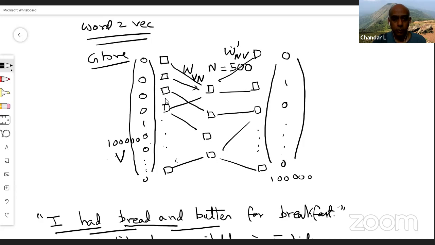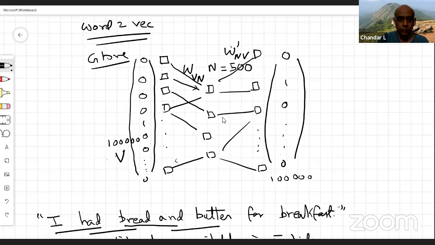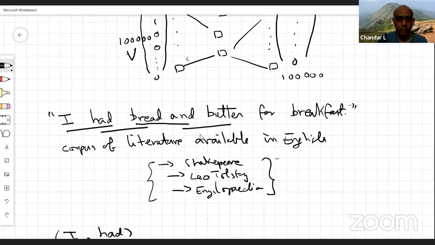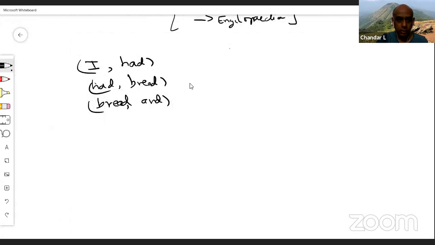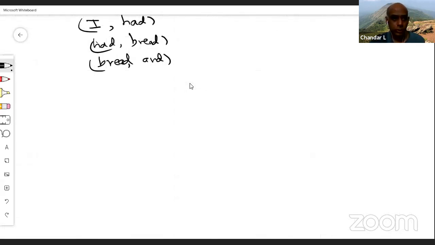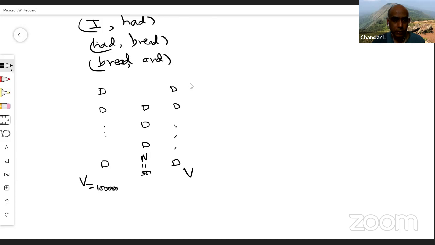So what we have done in the process of looking at these bigrams and feeding into this network that I just drew. Let me redraw the network because I don't want to go back and forth again and again. So I have this, and then this, and then this. This was size V, this was size N, this was size V. V is of course much bigger, around 100,000, and N is much smaller, around 500.